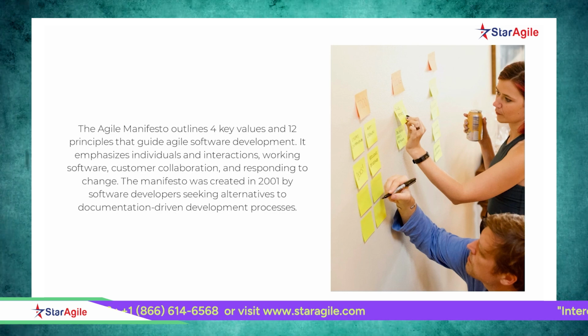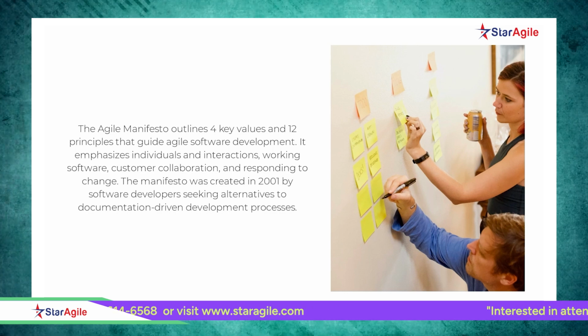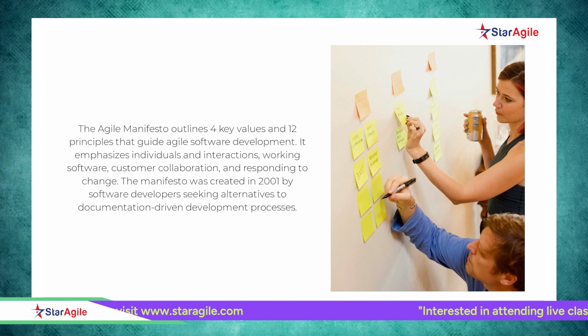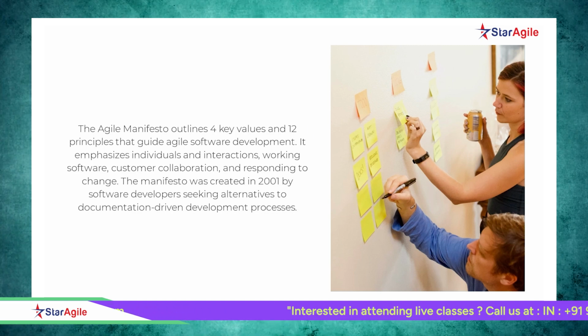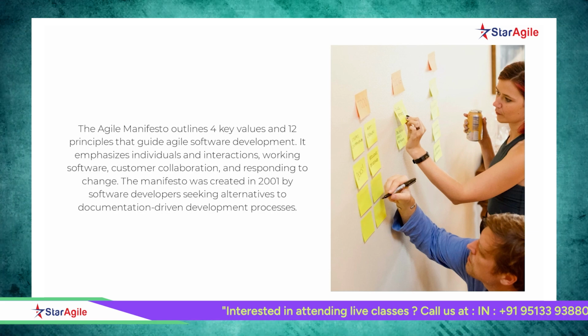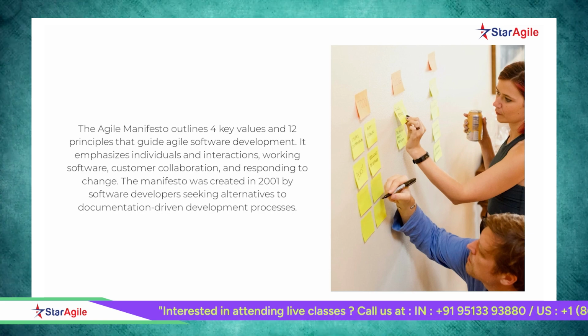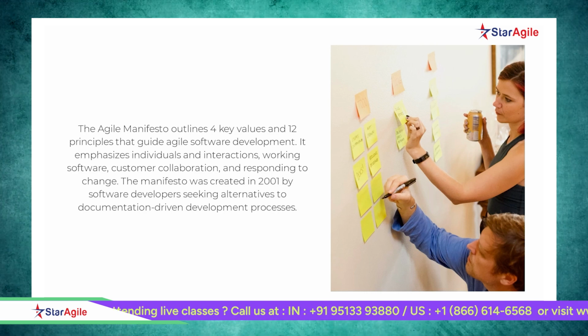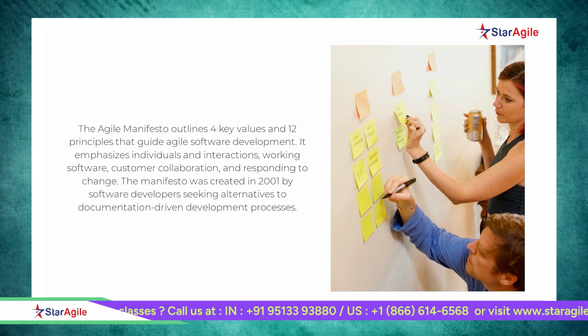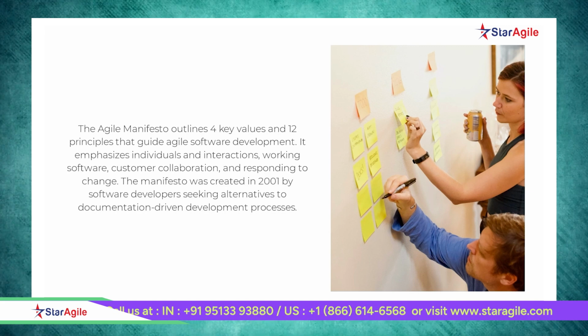The Agile Manifesto outlines 4 key values and 12 principles that emphasize individuals and their interactions, working software, customer collaboration, and responsiveness to change. The manifesto has since become the foundation of various agile frameworks, guiding teams to greater agility, flexibility, and success.